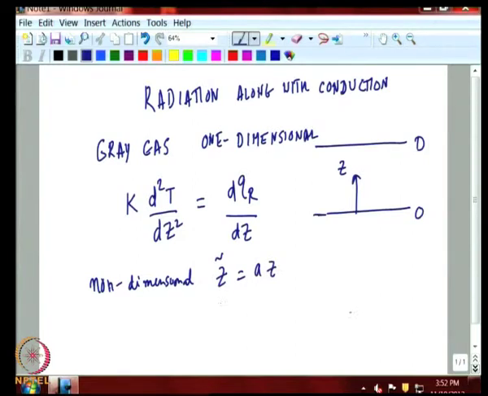So, that becomes a z tilde, which is now non-dimensional. If you do that, the above equation becomes k a d squared d by d z tilde squared is equal to d q r d z tilde.